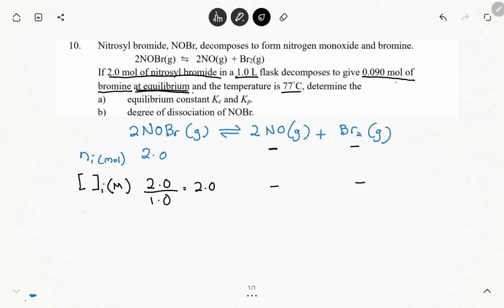So once the reaction is started, what happens to the reactant? The reactant will decrease in concentration, minus 2x, since the coefficient for the reactant is 2.